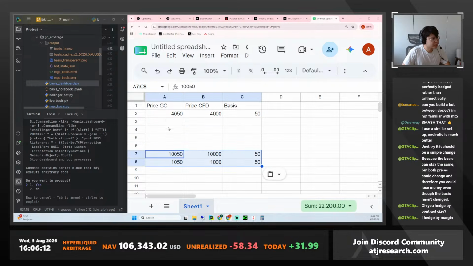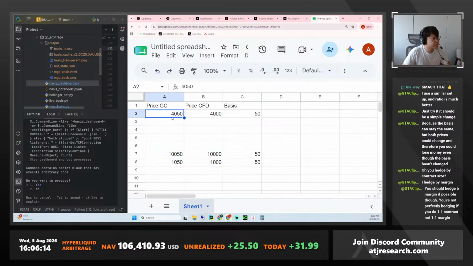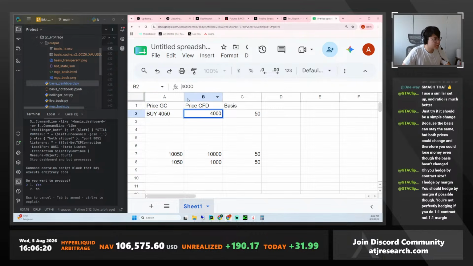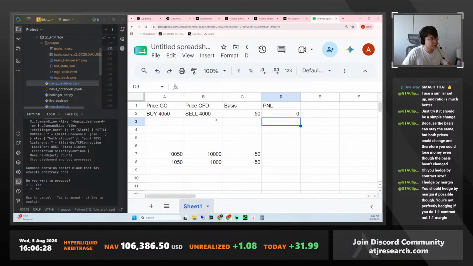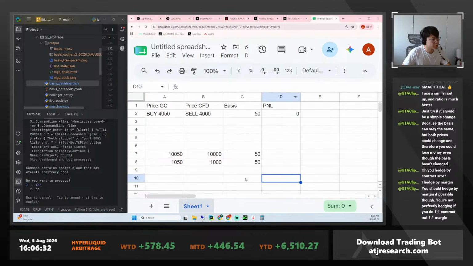So what happens in this case, when we buy at 4,050 and we sell at 4,000? Our PNL is 0 in this case, right? Because the basis didn't change at all, right? Our PNL is 0, and that's what we look at.